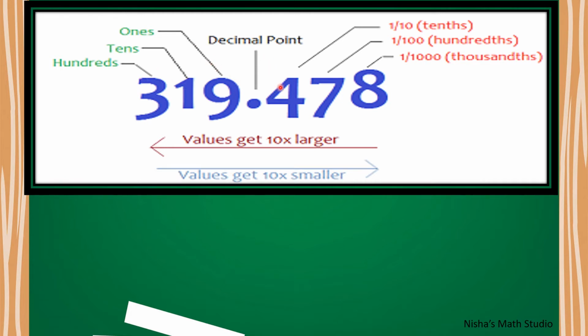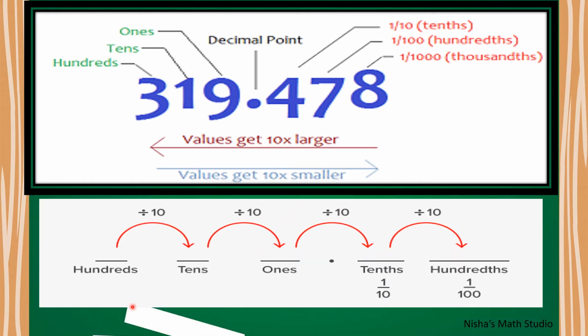So the value of this 4 in this place should be less than 1. That will be 1/10. Please note, not TENS, it is TENTHS. Similarly, next 7 is in the hundredths place and 8 is in the thousandths place.